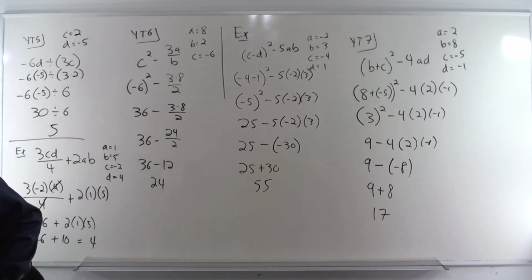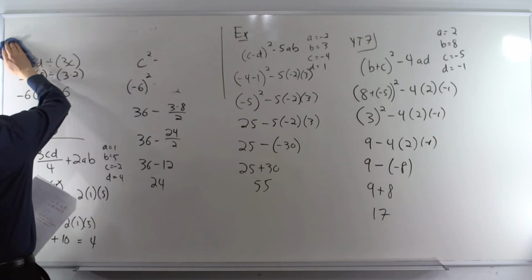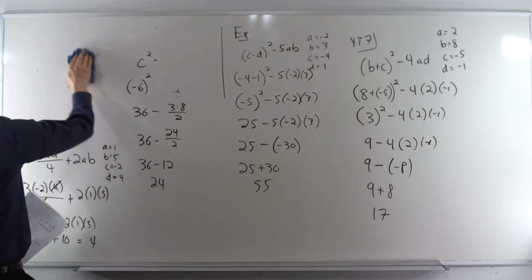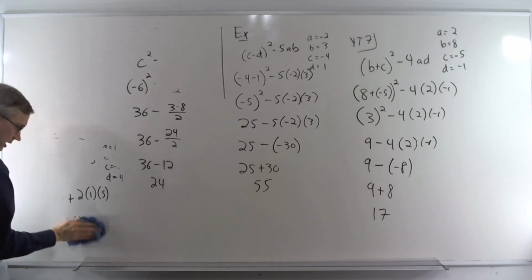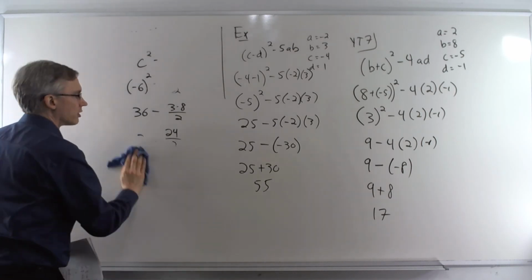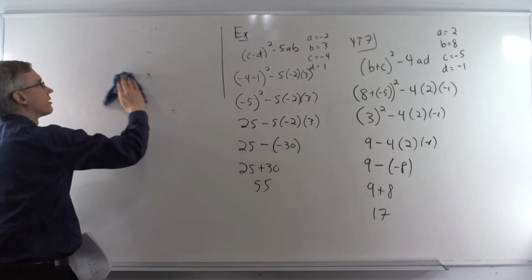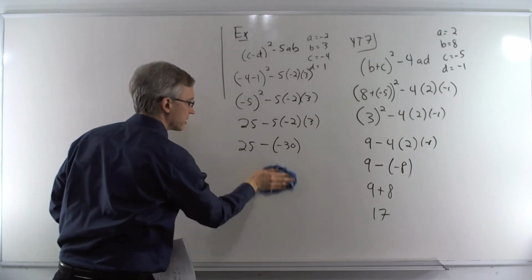Now some of these expressions are going to involve fractions, and if we have an expression in the numerator and the denominator, we're going to work through those separately, using order of operations on each individually. Just remember that that division bar is a grouping symbol, so what is on top and what is on bottom, you can consider them to be inside parentheses.